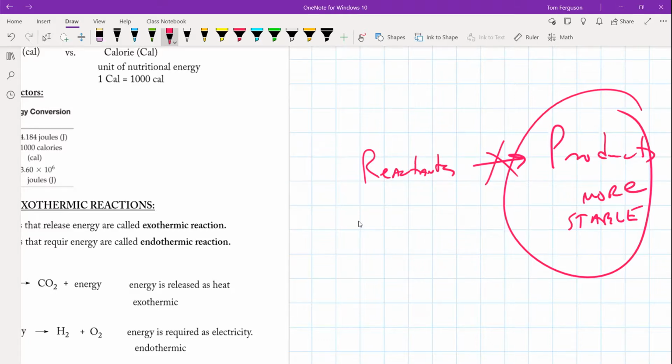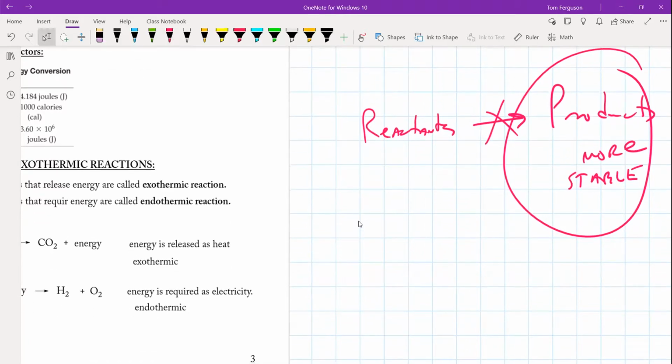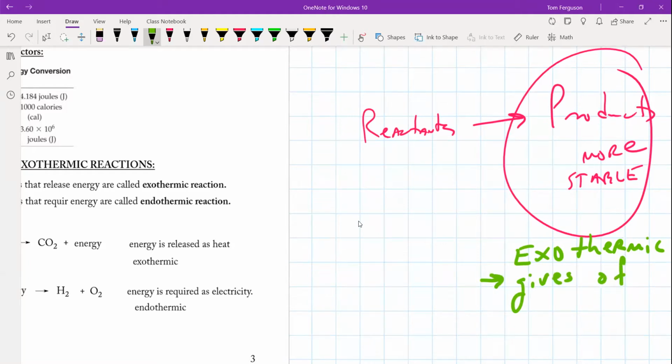Okay. When this happens, where the products are more stable, there's a fancy name for that. That's called exothermic. And exothermic means it gives off energy, and usually it's in the form of kinetic energy.